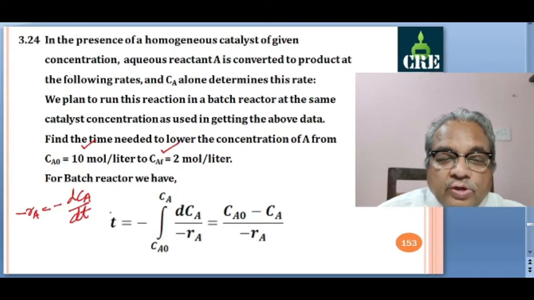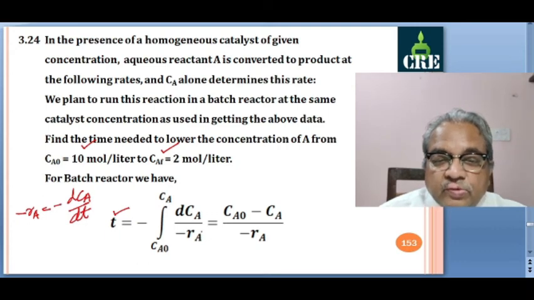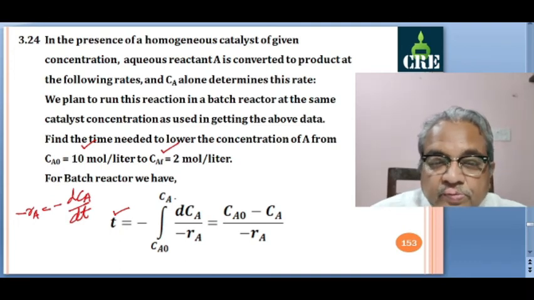Integral dt 0 to t is simply t, and at t is equal to 0, Ca is Ca0, at t is equal to t, Ca is Ca. So this minus of dCA by minus Ra, this we get. If you solve this, integral dCA is Ca, so it is Ca0 minus Ca, and with this minus sign it becomes Ca0 minus Ca.